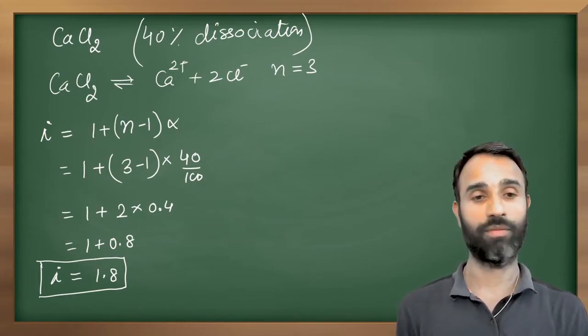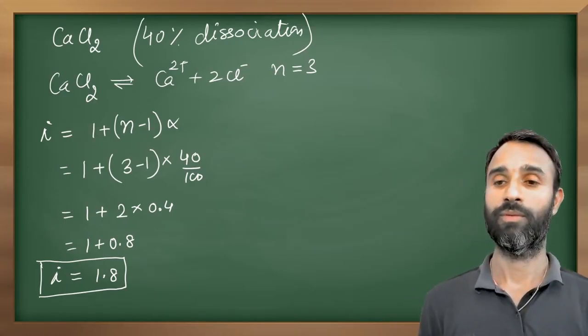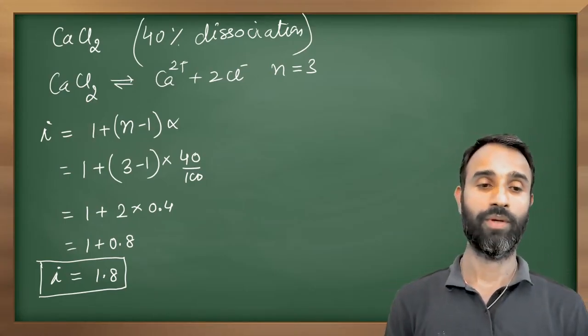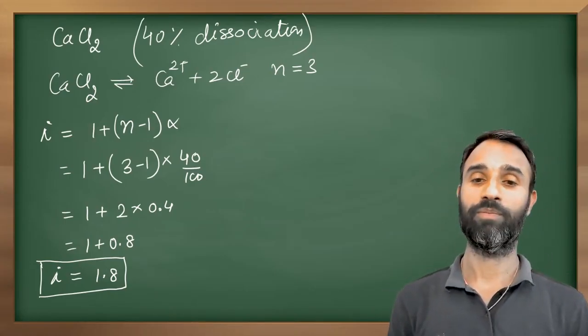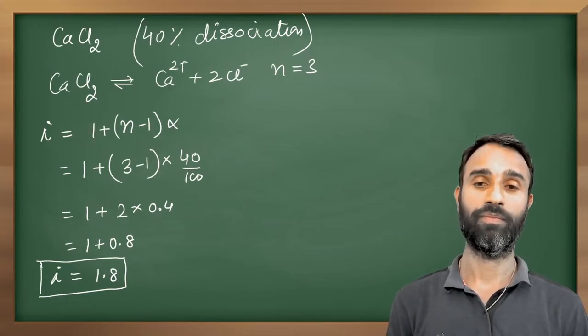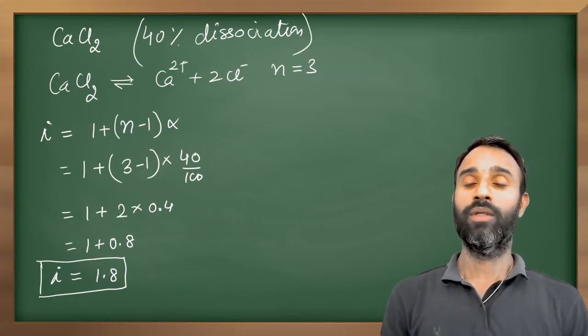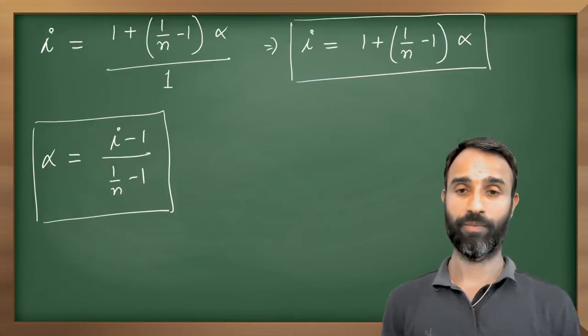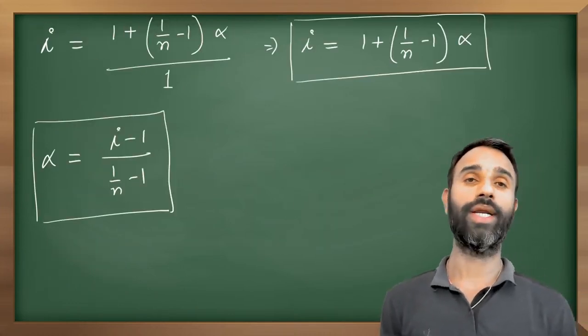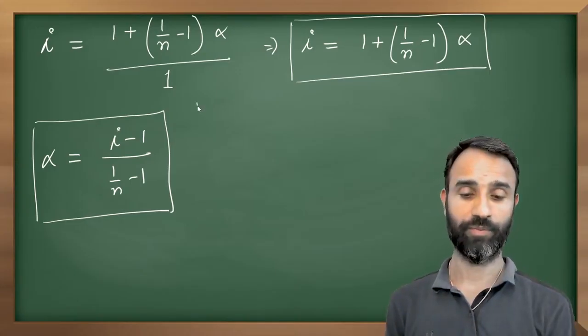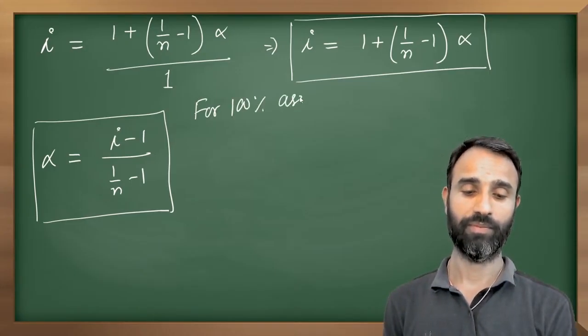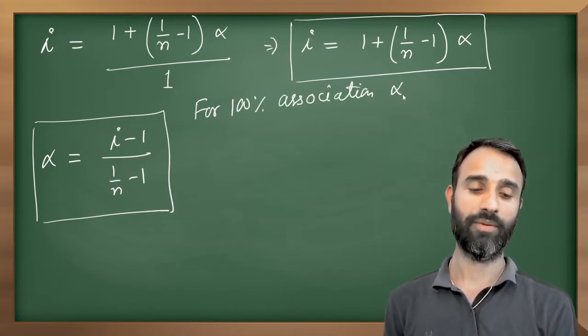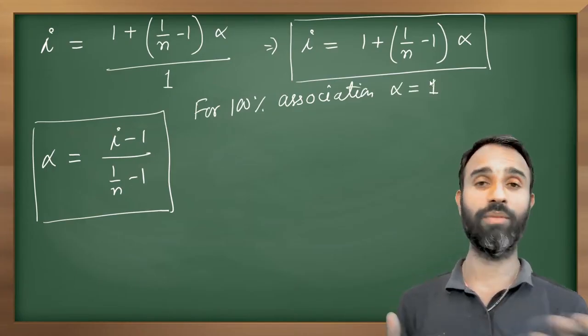Very good. So now let's go for association. Now for 100% association, again alpha is 100%, means alpha is equal to 1.